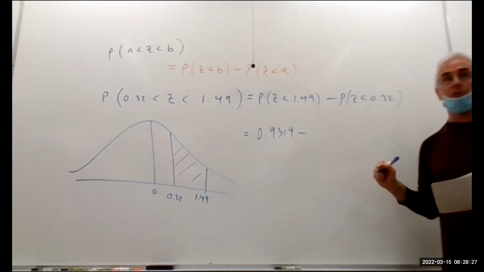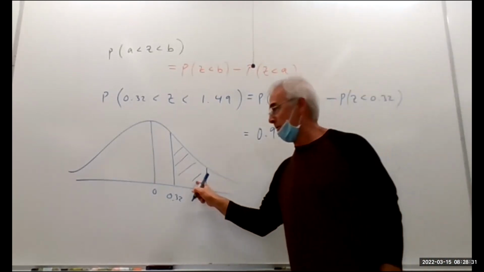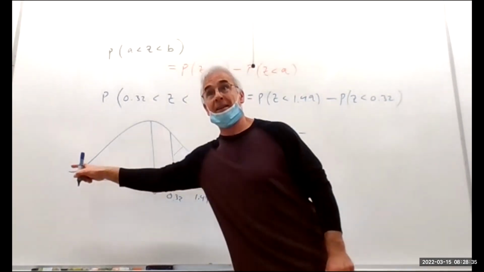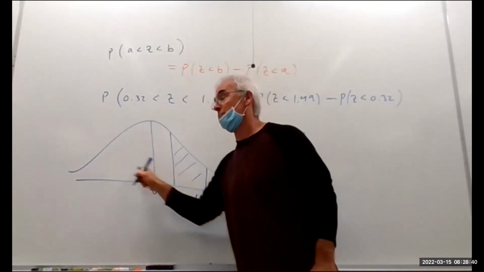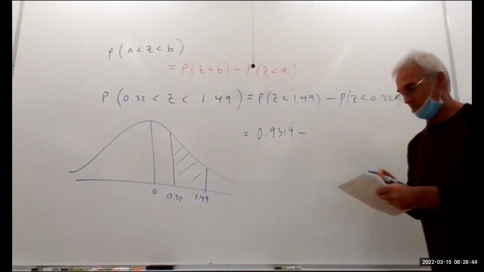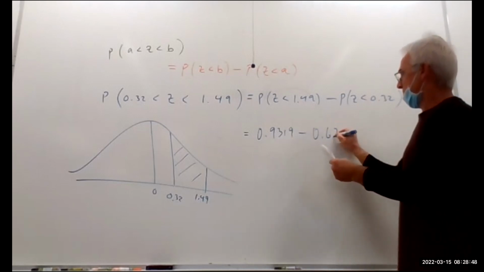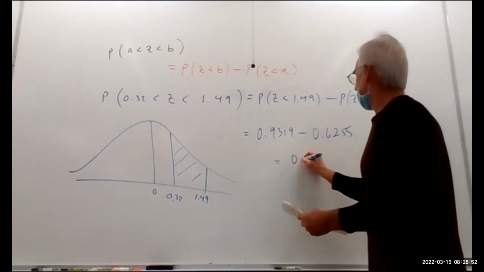But that's not my answer, because what would that be? That would be everything from here forevermore. Do you agree? And I don't want everything. I only want this, so that means I would have to subtract that part, which would be 0.32. What's the probability there? 0.6255, and that gives me an answer of what?